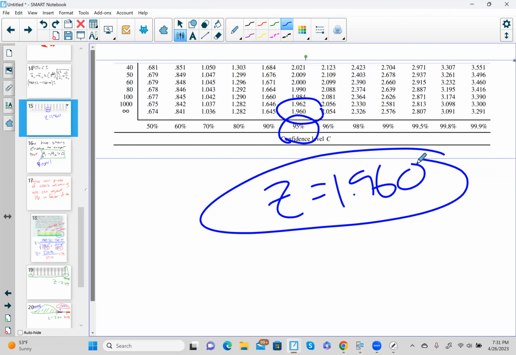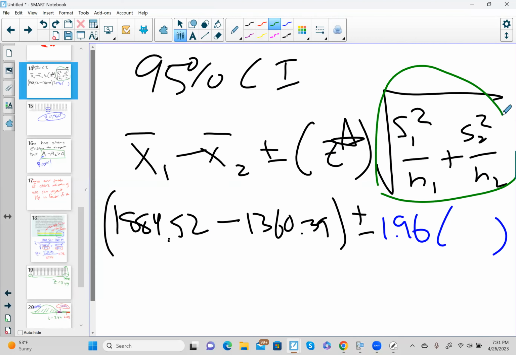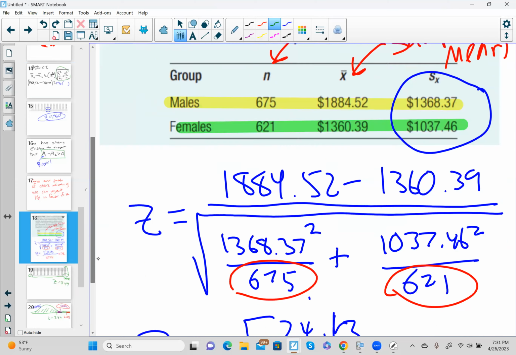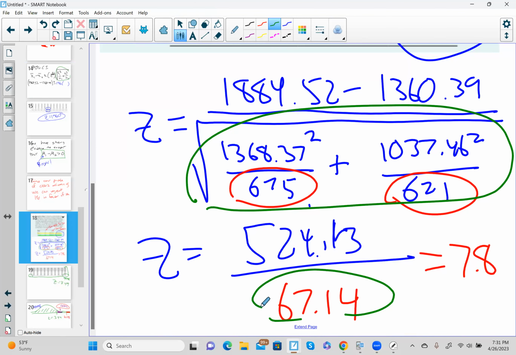So that's what's going to go in our confidence interval, 1.96 times this crazy thing we already did. We did that before when we did our significance test. So if I just go back to remind you, here's all the math for that. You can see that crazy thing in the denominator. There it is. And it just turned out to be 67.14.